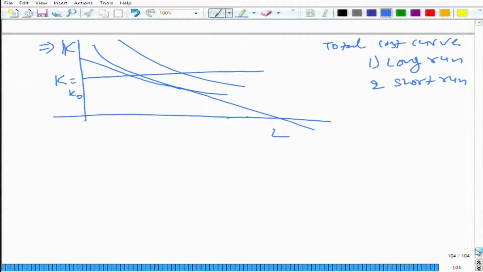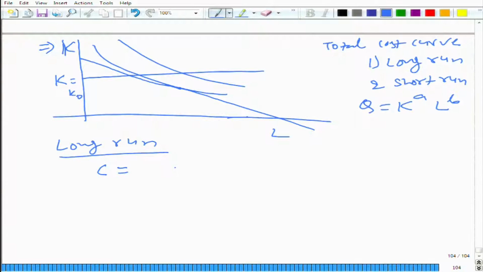Fine. Okay. Let me give you how it will look in the long run. The cost curve when we have a Cobb-Douglas production function, remember what we had, q is equal to K to the power A, L to the power B. Fine.